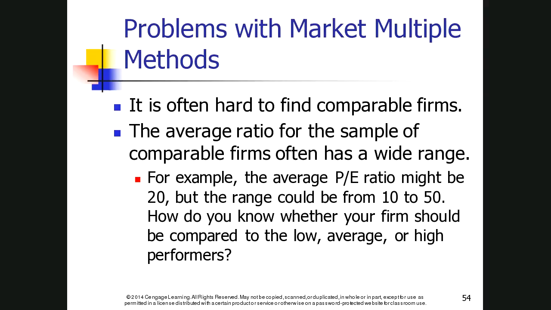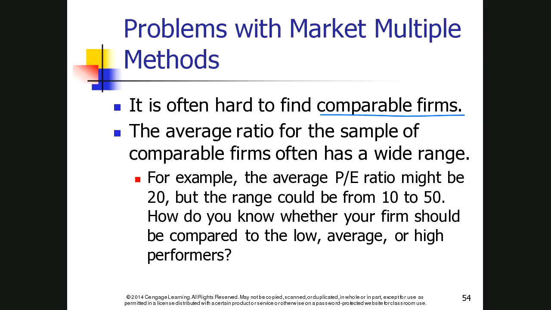So the problem with market multiples is that, first of all, it's hard to find comparable firms. I mean, every firm has a different situation. How are you going to say, okay, I'm going to be similar to you, right? So unless it's a very stable market that has multiple companies that have approximately the same size, the same management, the same structure, which is unlikely, you can only have a ballpark.